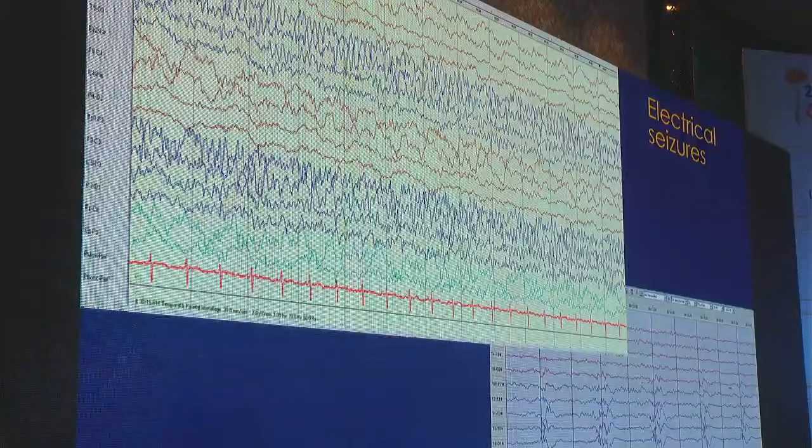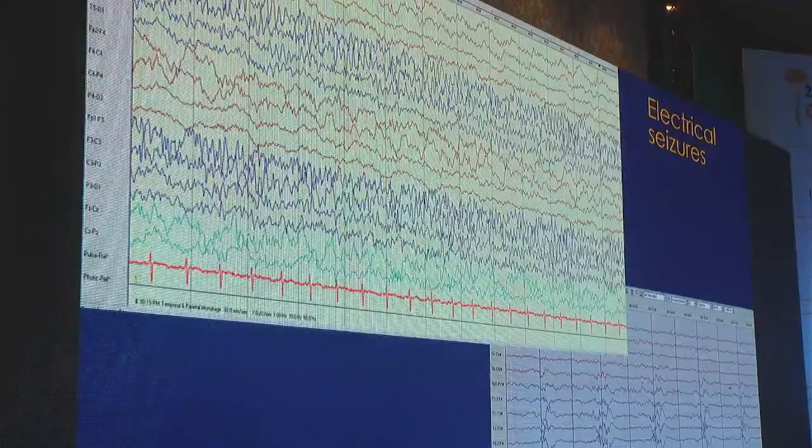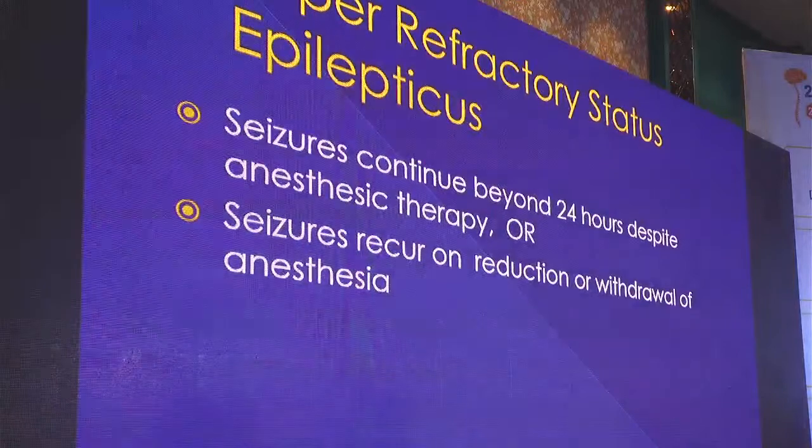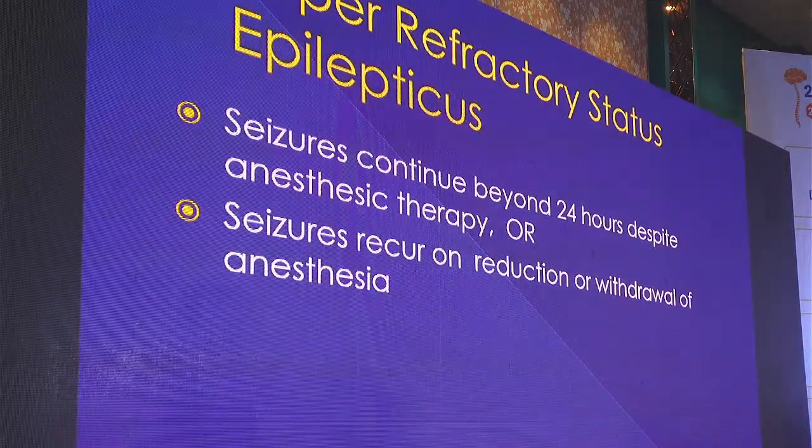If this is happening, it is what we call refractory status epilepticus or super refractory status, because here the seizures are continuing beyond 24 hours despite anesthetic therapy, or when we attempt to withdraw anesthetic therapy, there is recurrence of seizures. This is what we call super refractory status.